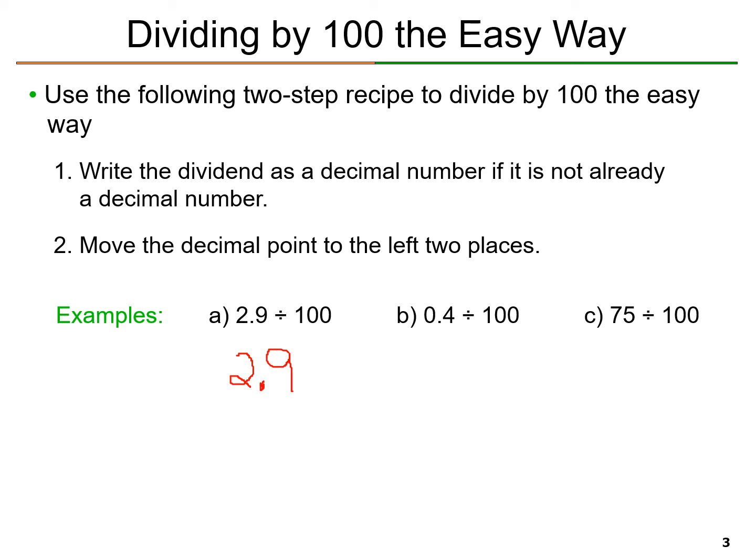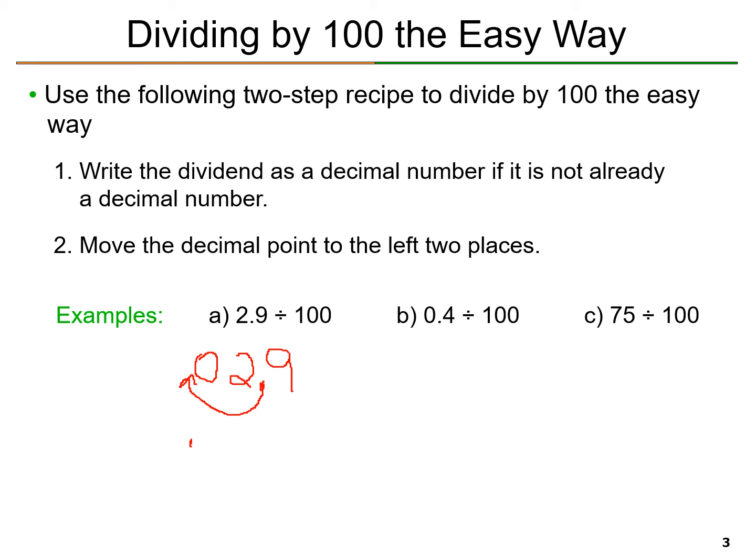However, we only have one place to the left of the decimal point. So let's go ahead and add a 0 as a placeholder. Let's put the 0 right here. So now we've got 2 places in front of the decimal point. And now we simply move the decimal point to the left 2 times, right here.